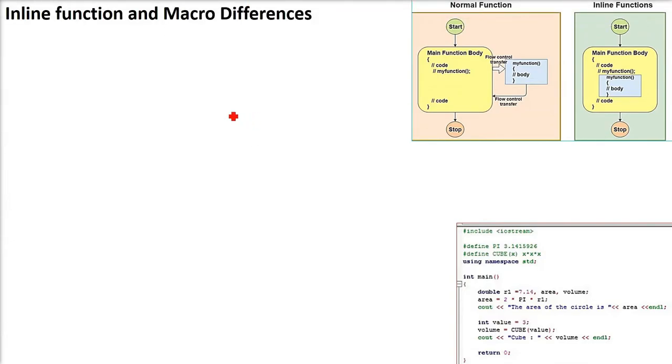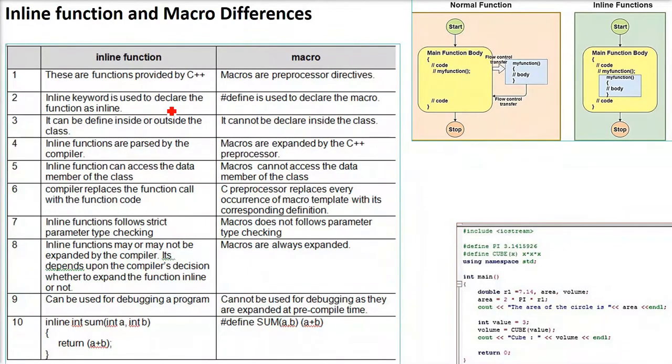Inline function and macro differences. What are the differences between the two? See, both are almost the same, but the working is different. Let me tell you the difference. Inline functions are provided by C++, by the language.